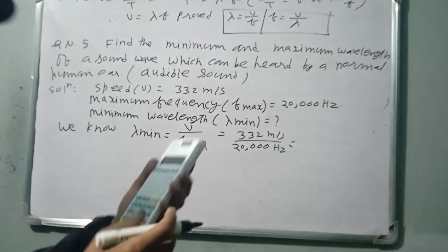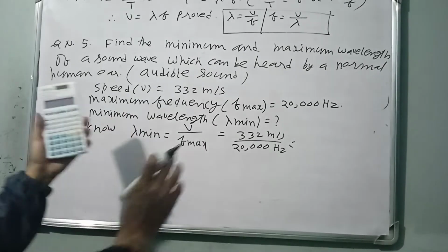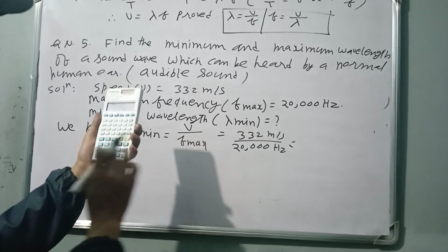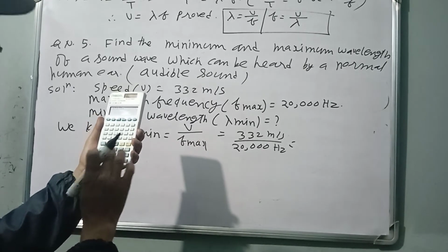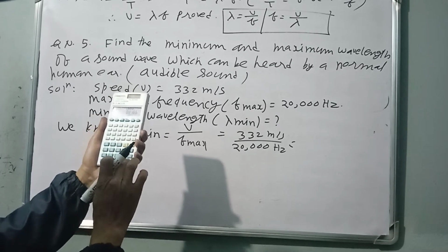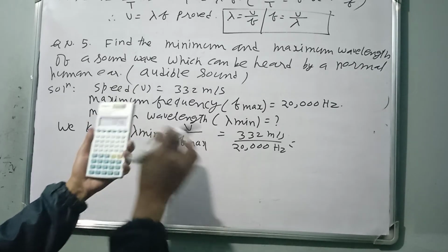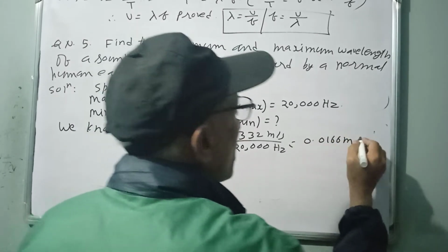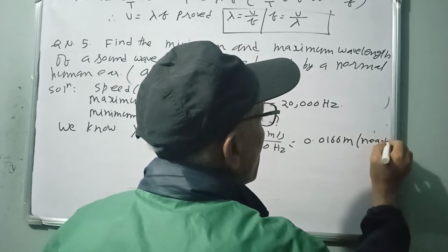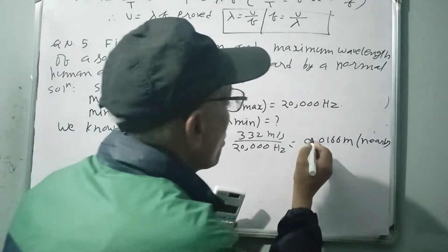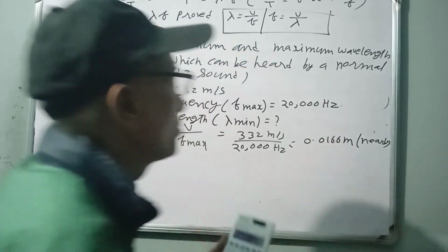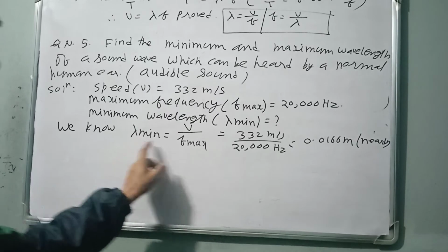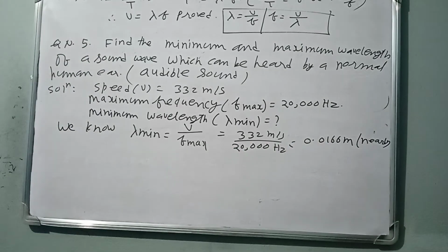I will just show you, you just use a calculator. 332 divided by 20,000. See, 0.0166 meter, nearly. Very low or short wavelength. Minimum wavelength means the shortest wavelength is 0.0166 meter.